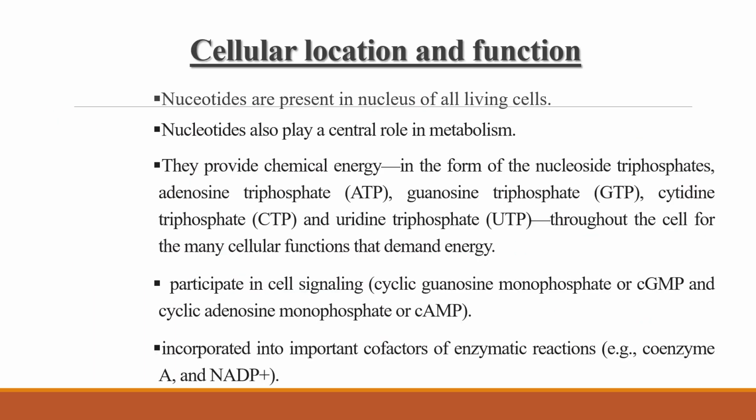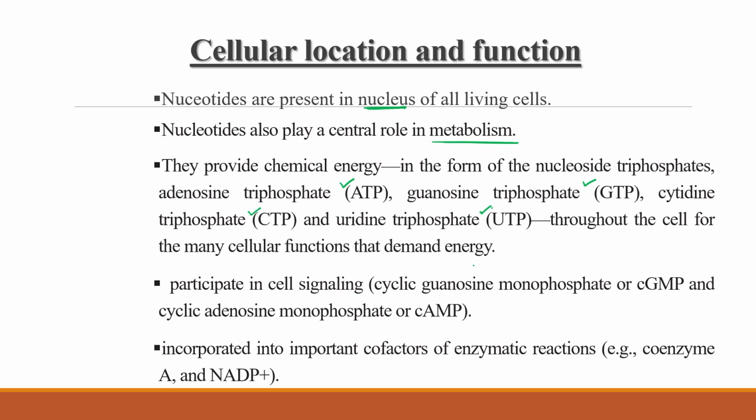Now, cellular location and function. Nucleotides are present in the nucleus of all living cells. These play a central role in metabolism, right? They provide energy in the form of ATP, GTP, cytidine triphosphate as CTP, UTP, like this.